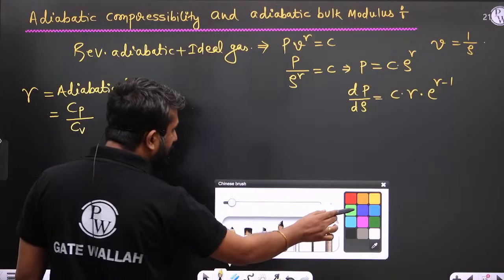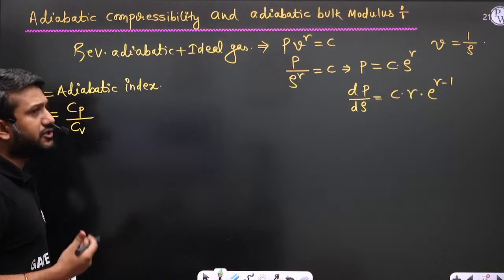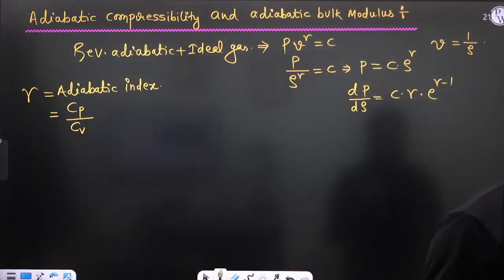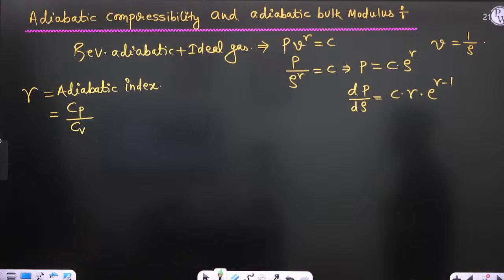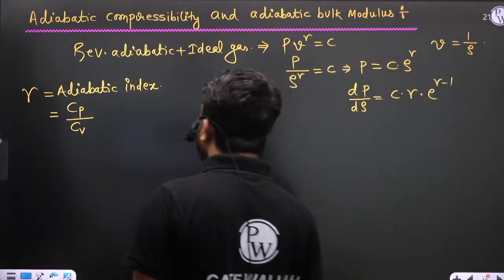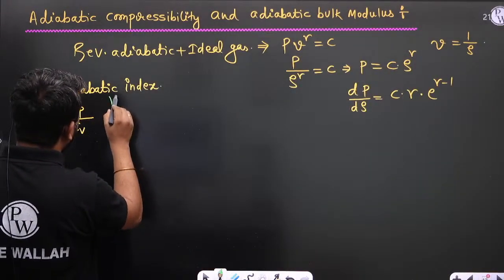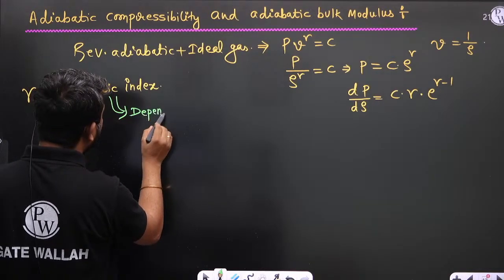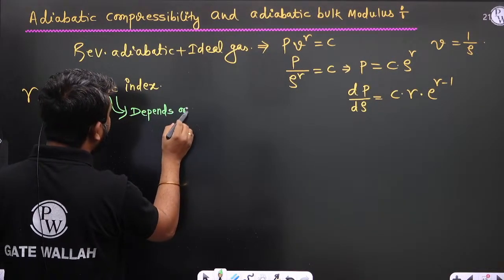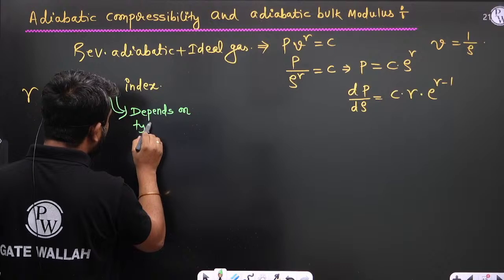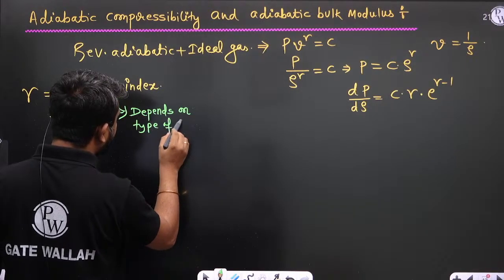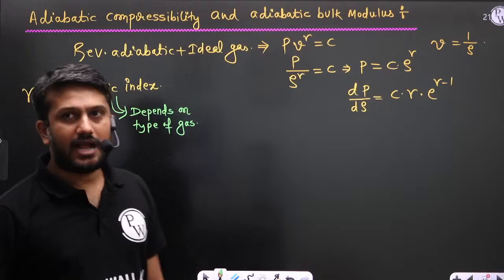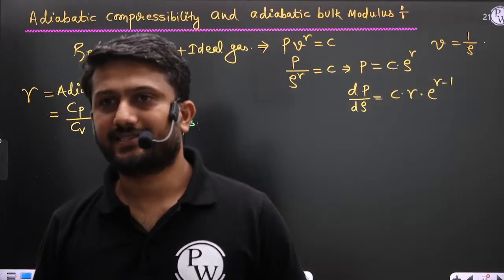The value of gamma depends on the type of the process or the type of the gas.